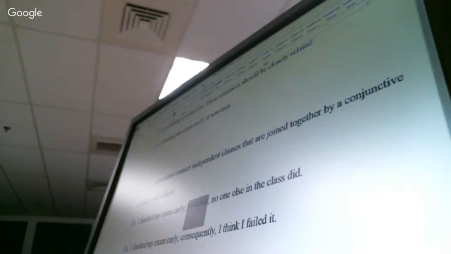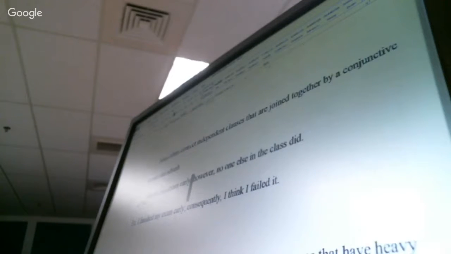The point is that I'm still joining together independent clauses, and I'm using the semicolon to show that they're closely related, all right? So the rule of semicolon usage is that you've got to have 2 independent clauses on both sides of it, or you're not dealing with a semicolon anymore.